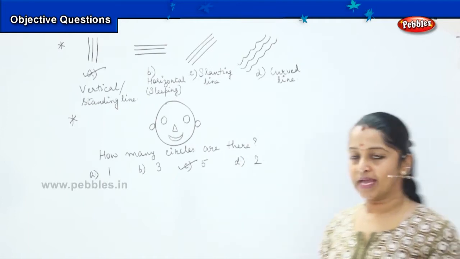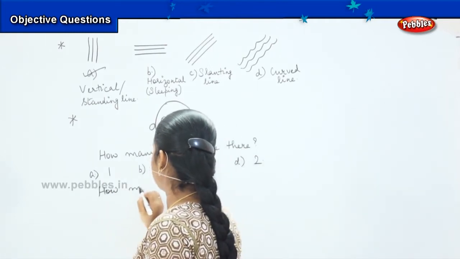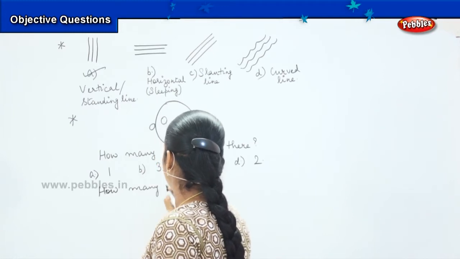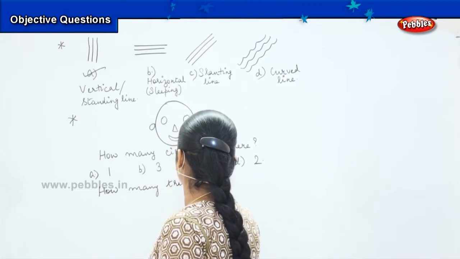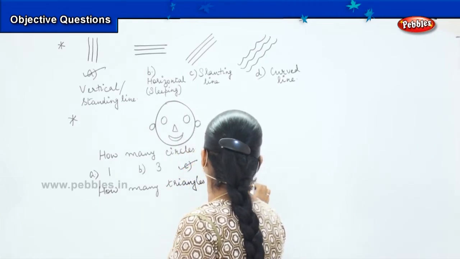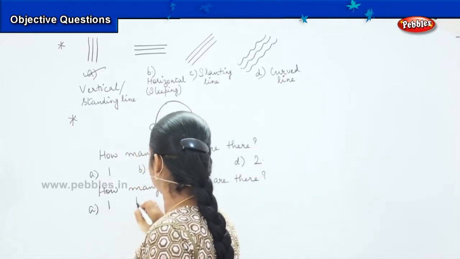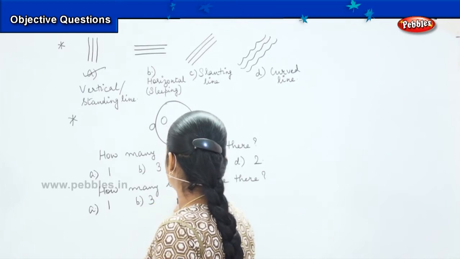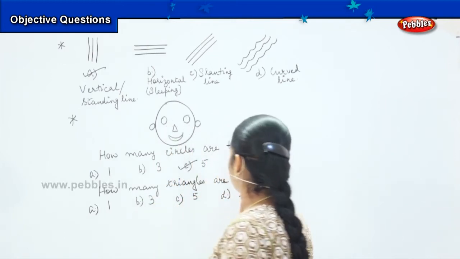Now from the same diagram, your next question is, how many triangles are there? And your options are A, 1, B, 3, C, 5, and D, 2.